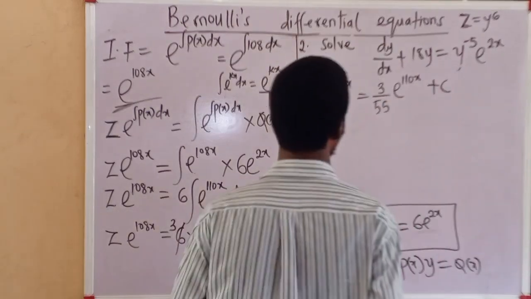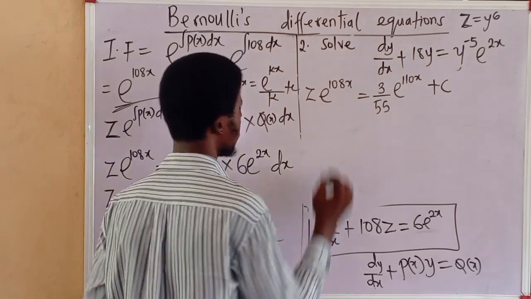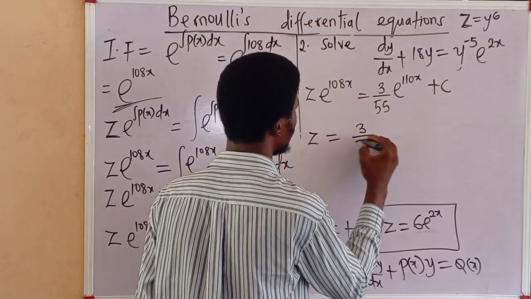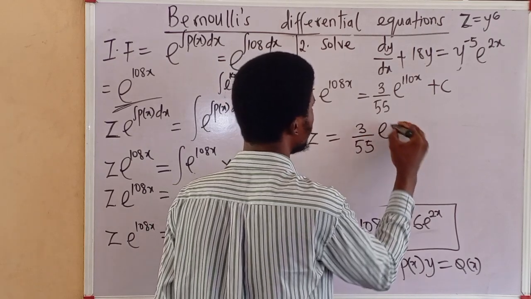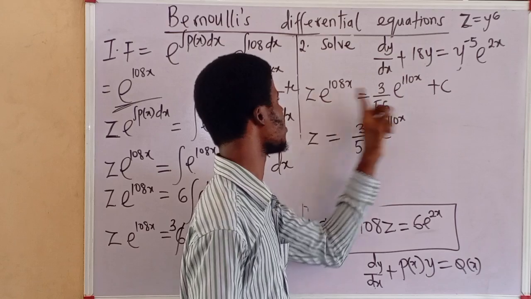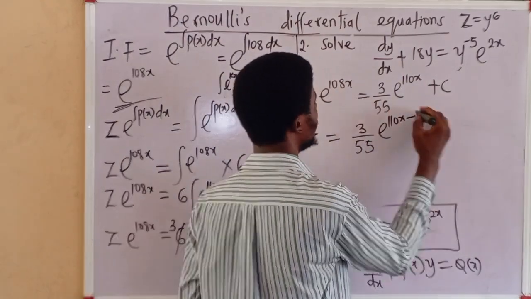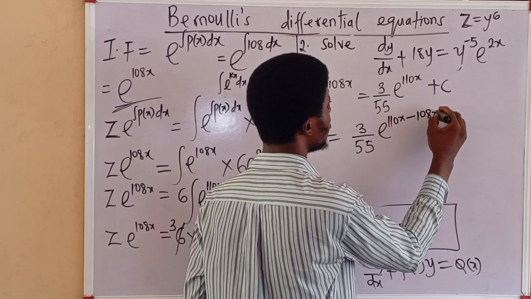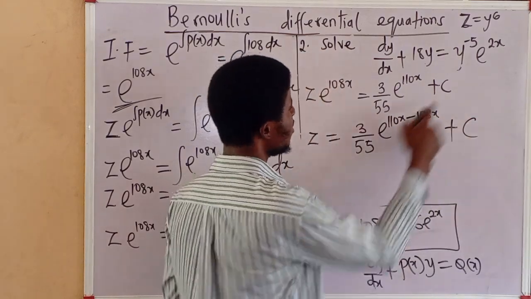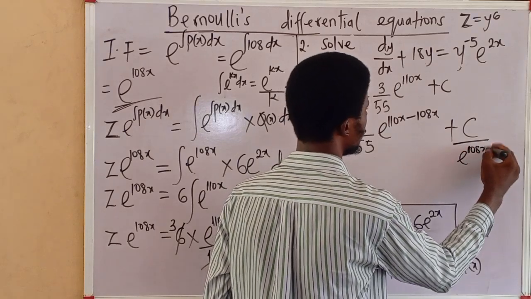All right. We can divide both sides by e to the power of 108x. z is now equal to 3 over 55 e to the power of 110x. This and this have the same base, so I'll subtract their powers: minus 108x. And this is plus c. If I'm dividing this by this, it will be c all over e to the power of 108x.